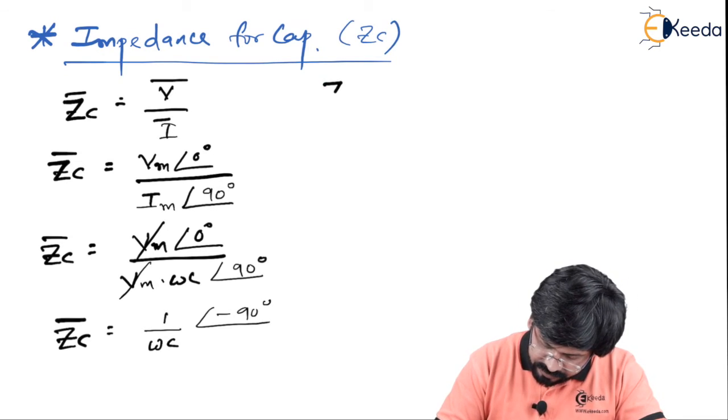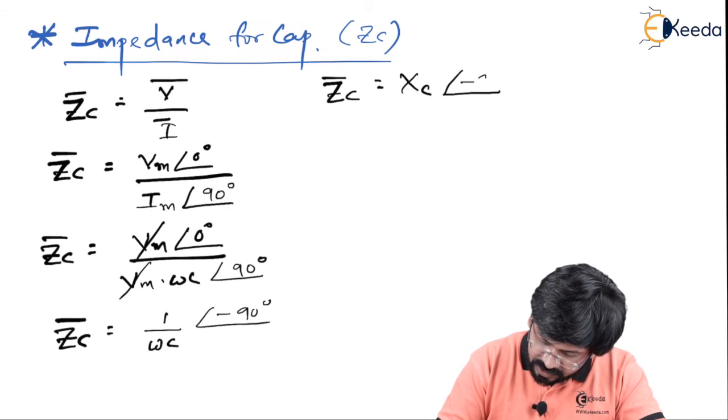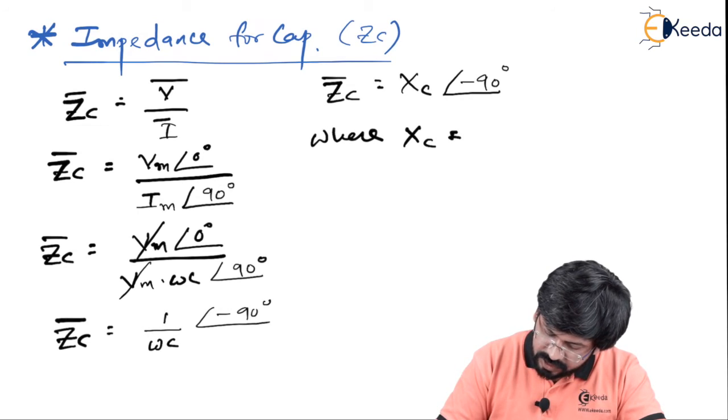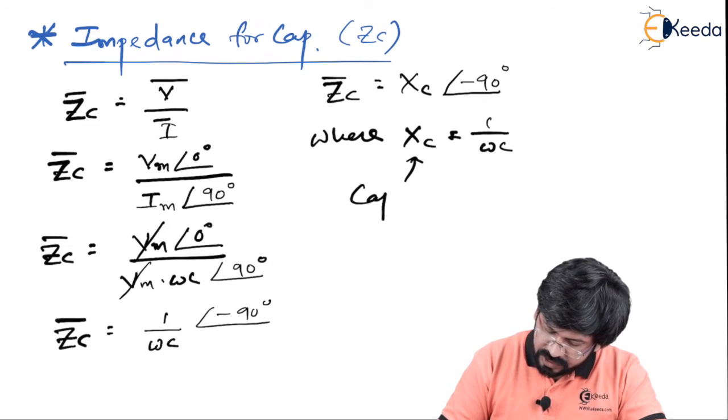Or ZC vector can be written as XC at an angle of minus 90 degree, where we have actually replaced 1 upon omega C with another value XC. What XC stands for? It is nothing but capacitive reactance, and unit is what?